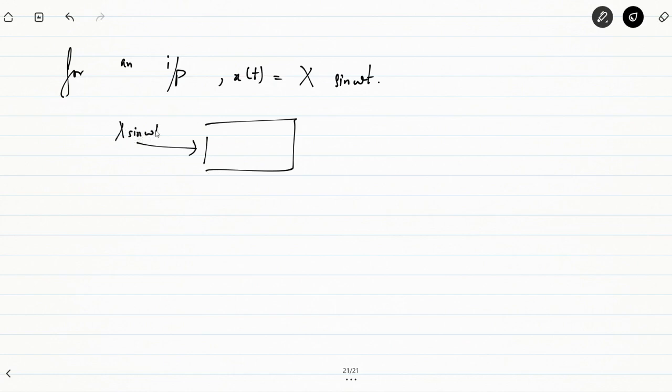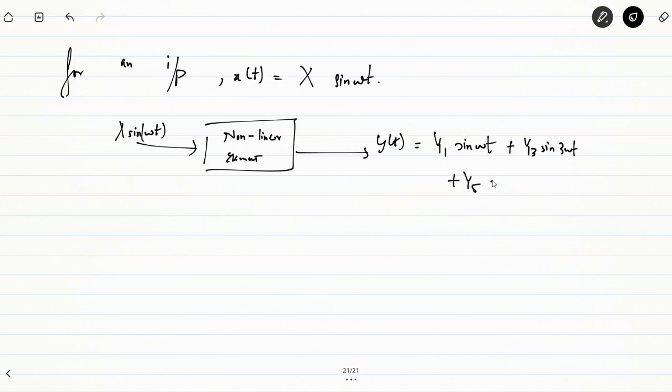Therefore, for any nonlinear element, if we are applying an input of x sin omega t, y(t) can be determined using the Fourier analysis: y1 sin omega t, y3 sin 3 omega t, y5 sin 5 omega t, and so on.